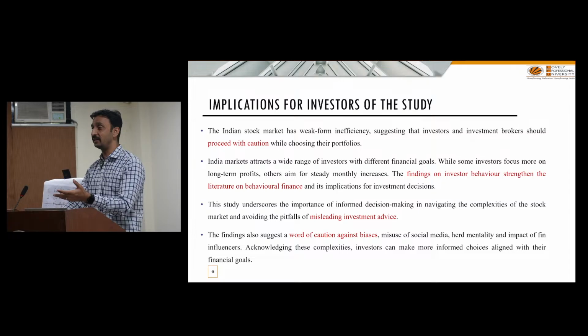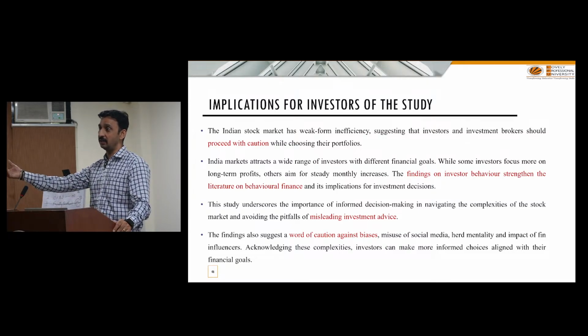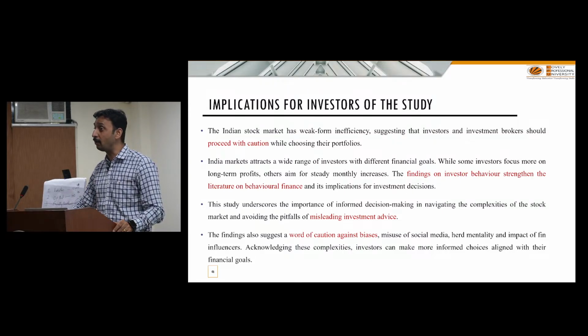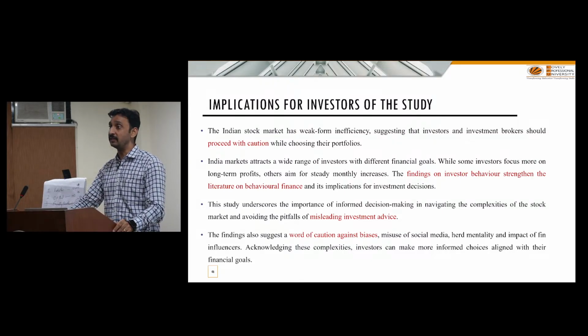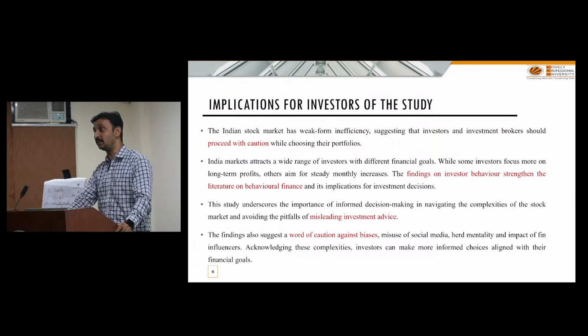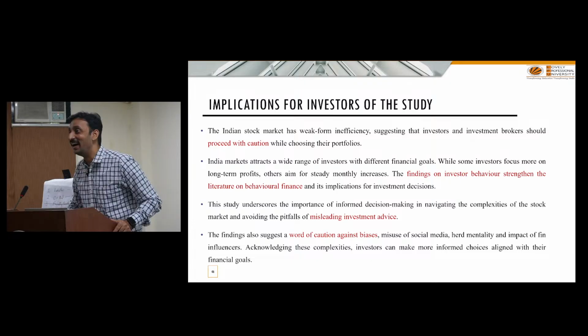I can give you a recent example, maybe you guys heard of Nazara Technologies. Recently the government came up with a ban on online gaming. But you can see there are some prominent families, I don't want to name them, who sold.